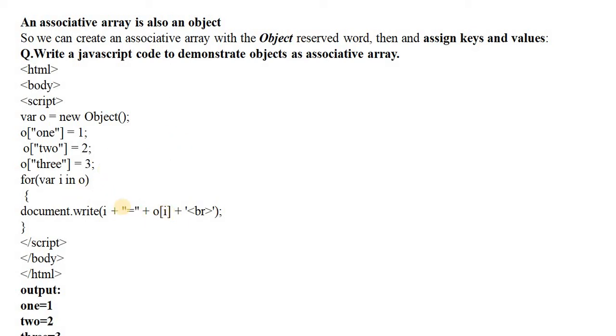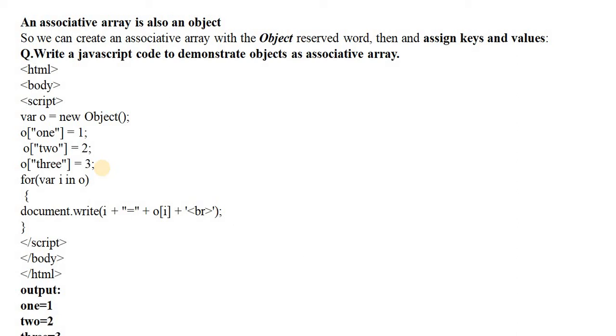After finishing, it will stop the execution. Close the for in loop, script tag, body tag and HTML tag. The output of this example displays 1 is equal to 1, 2 is equal to 2 and 3 is equal to 3.